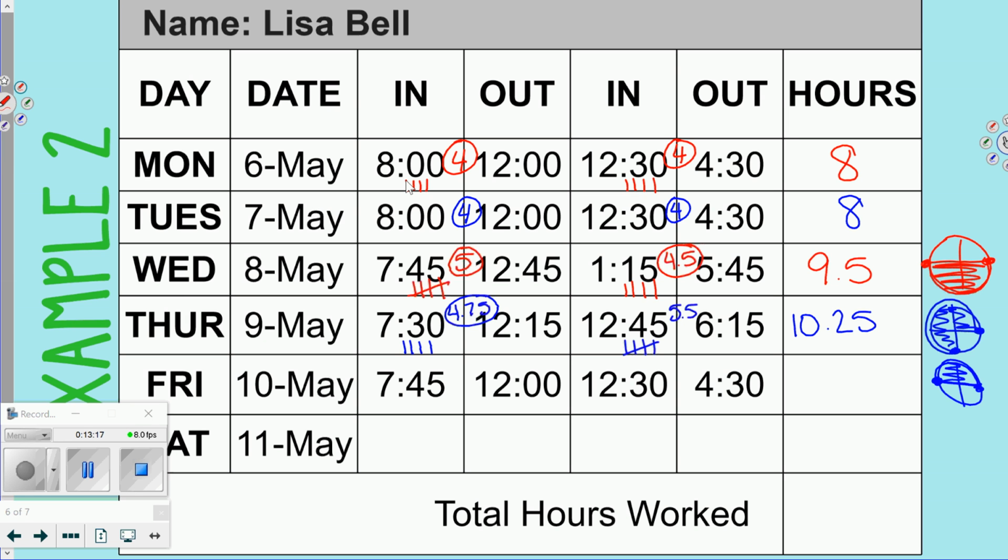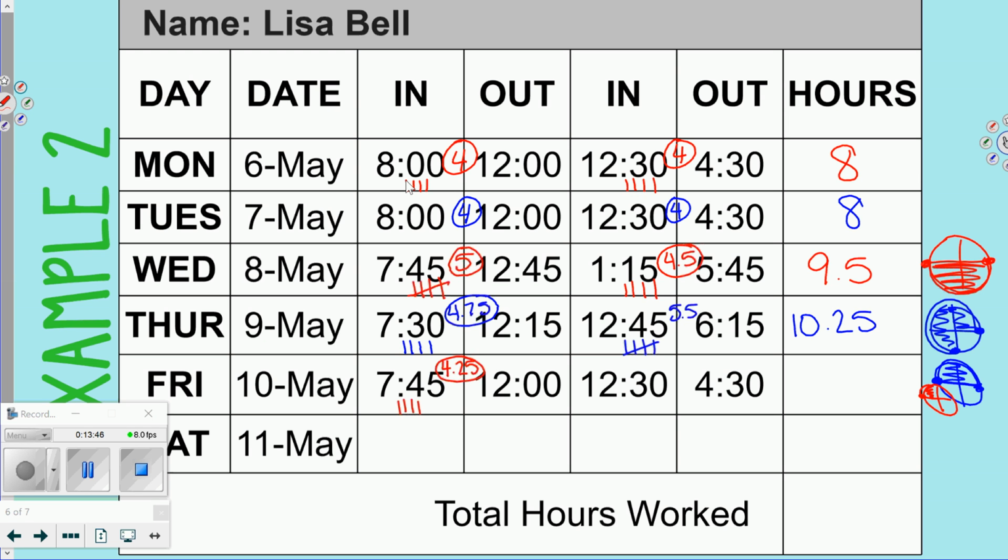All right, how about Friday? 7:45, 8:45, 9:45, 10:45, 11:45, and then from 45 to the top of the hour, that's just 15 minutes. So it'd be 4.15 minutes. Remember, that's a quarter of an hour, so 4.25. Don't do 1/5 for 15, because that's not the same as a quarter.